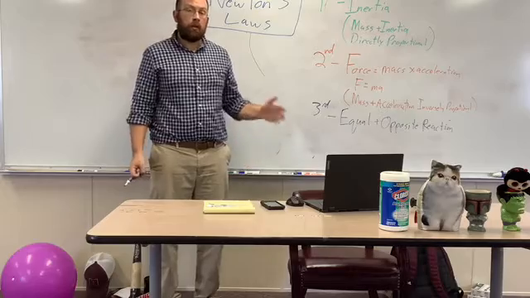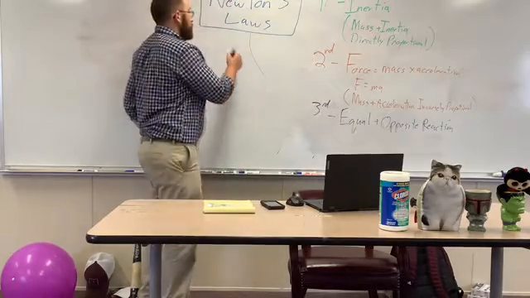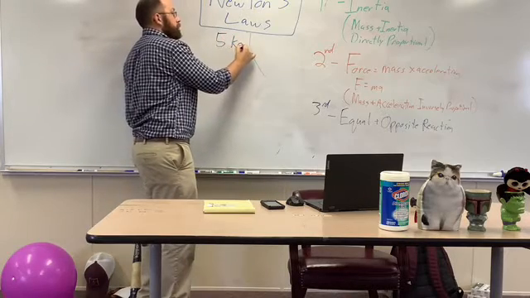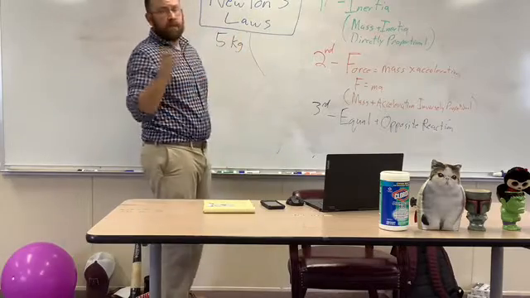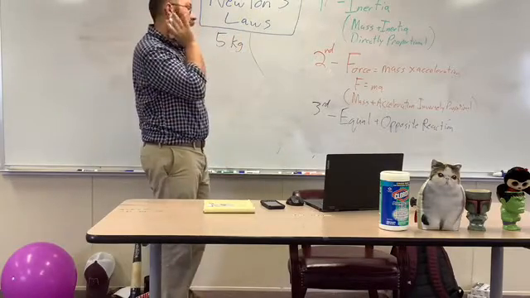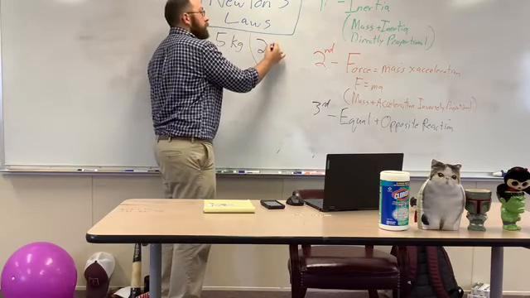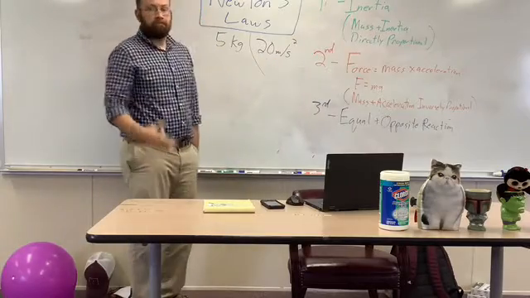Alright, so now let me show you the math behind that. So let's say the pen weighs 5 kilograms. Probably not, but we'll say that anyways. This is just to show you the math behind it. Let's say I accelerated at 20 meters per second squared. Alright?